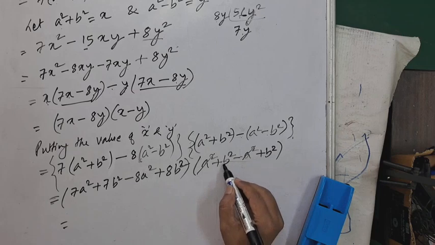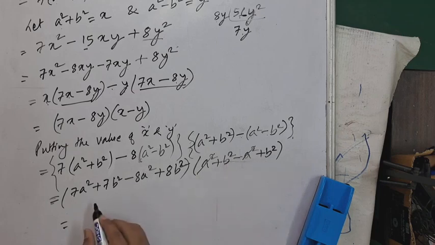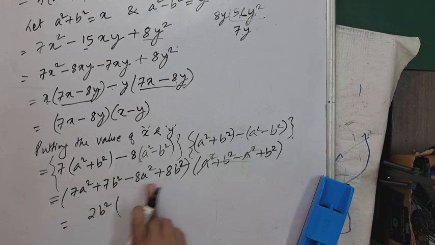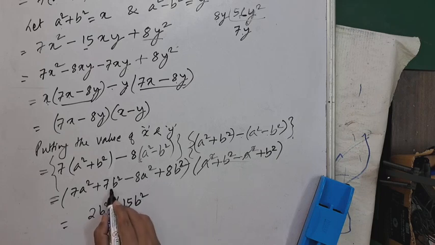B square plus b square is 2b square. I write this first. After that I write this. 7a square minus 8a square is negative, so I write the positive one first. 7b square plus 8b square, both are positive, is 15b square.